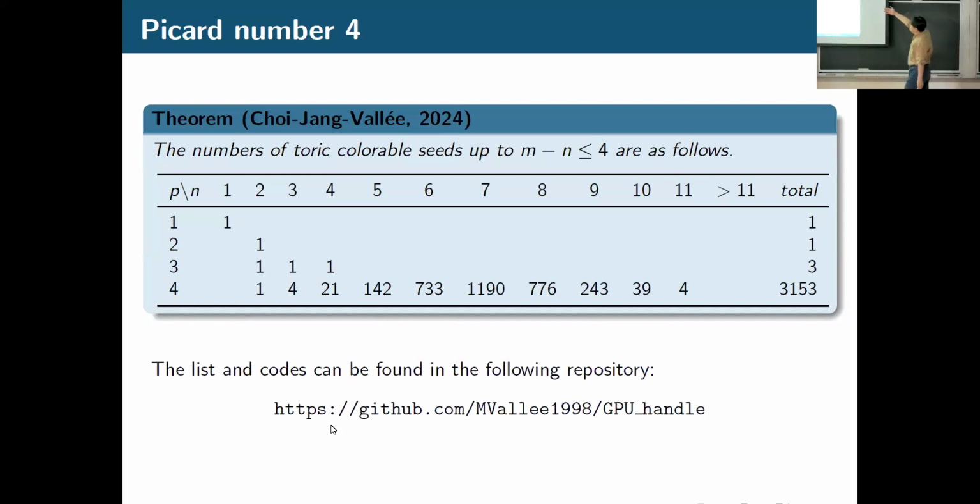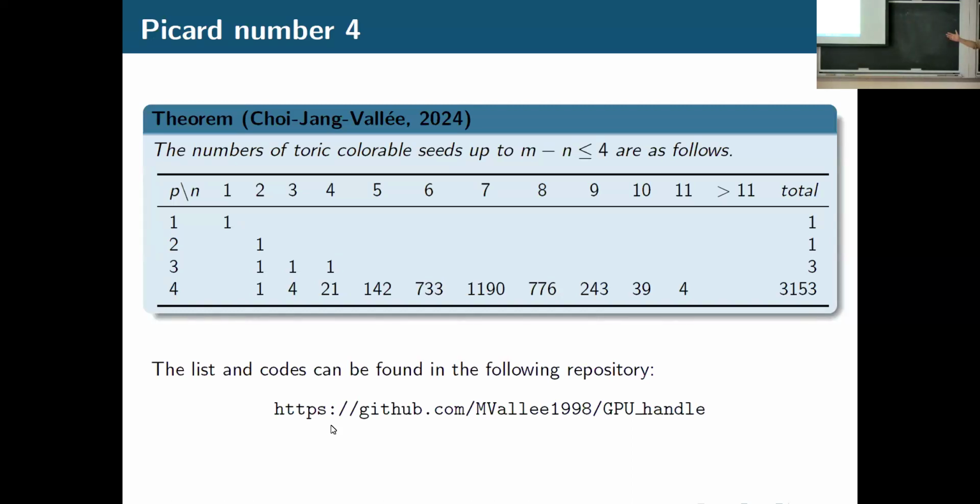As you see, for Picard number 1, 2, 3, there are only 5 toric Fano seeds. But for Picard number 4, there are 3,000 many toric Fano seeds. It's too many, but the important thing is that we have the list.